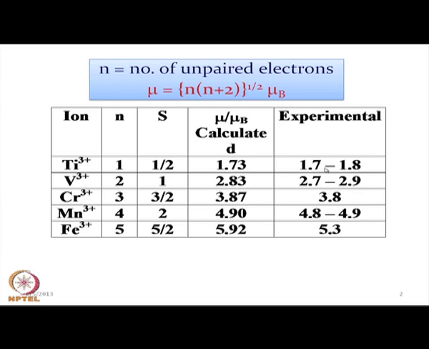That means the experimental magnetic moment is equal or close to equal to the theoretically predicted spin-only values. So these spin-only values match very well with the experimental values, and we do not have any orbital contribution.